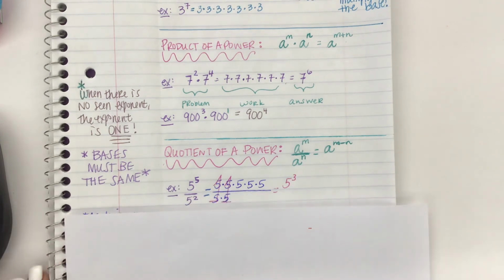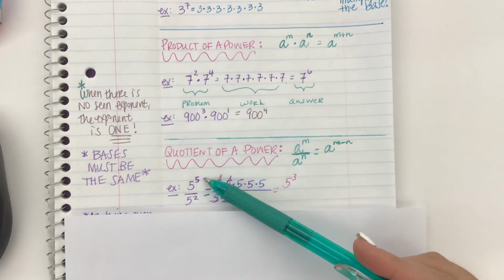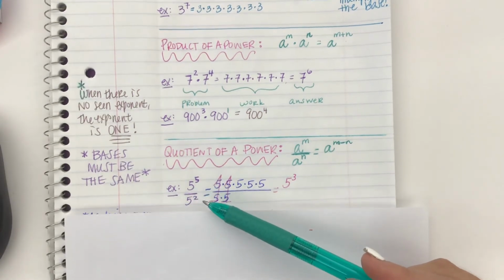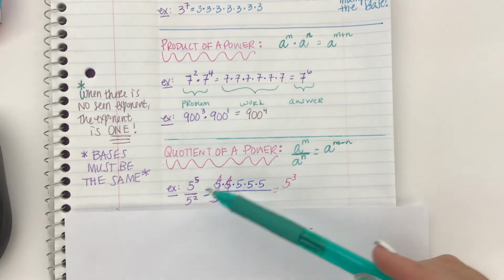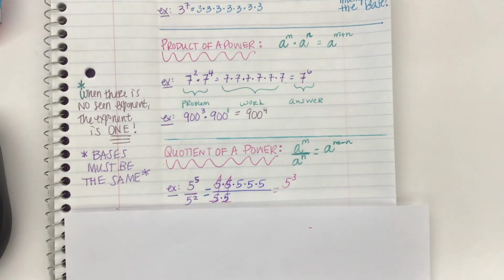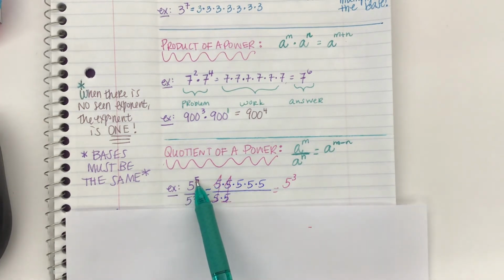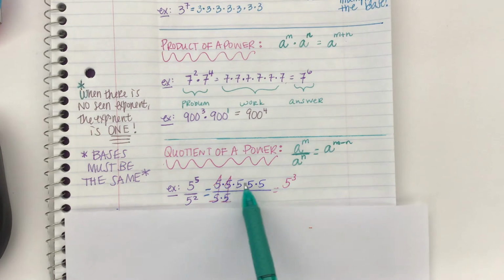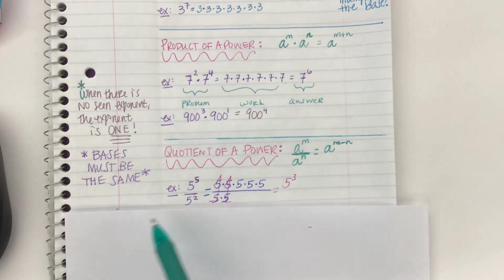Here's our first example: 5 to the power of 5 over 5 to the power of 2. So how do we write it out the long way? 5 to the power of 5 really is 5 fives, and 5 to the power of 2 really is 2 fives. Anything over itself equals 1.